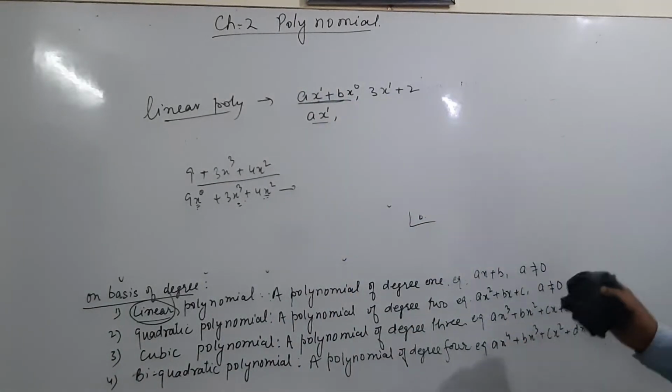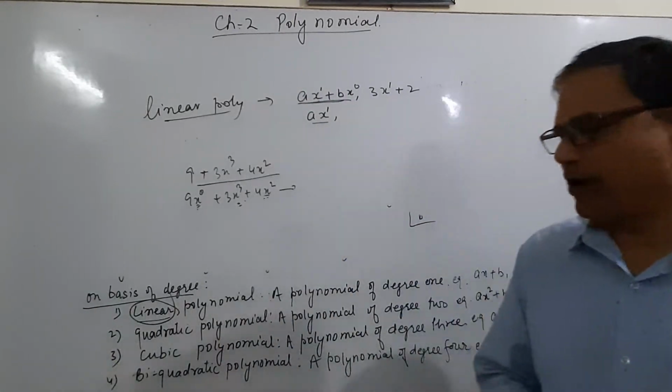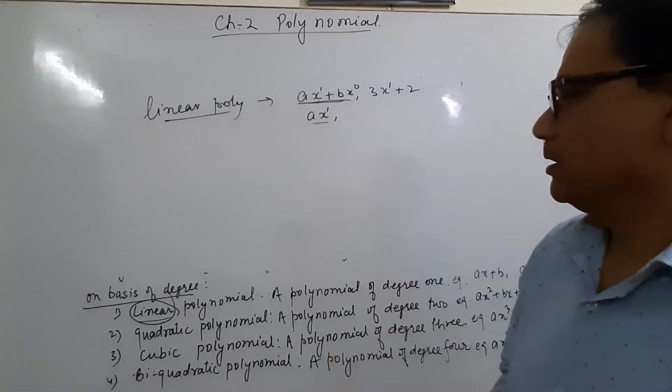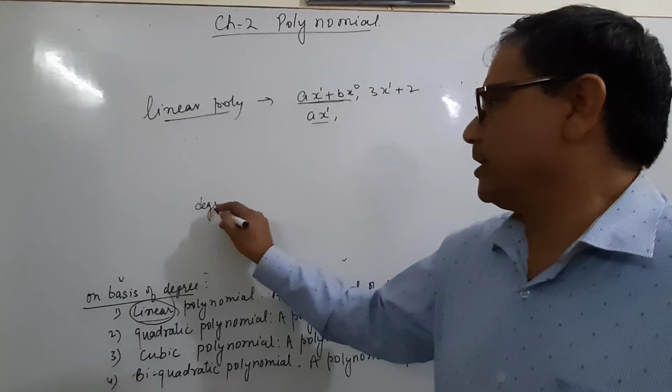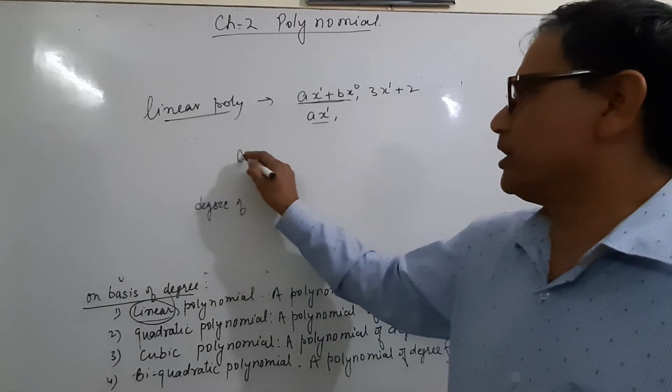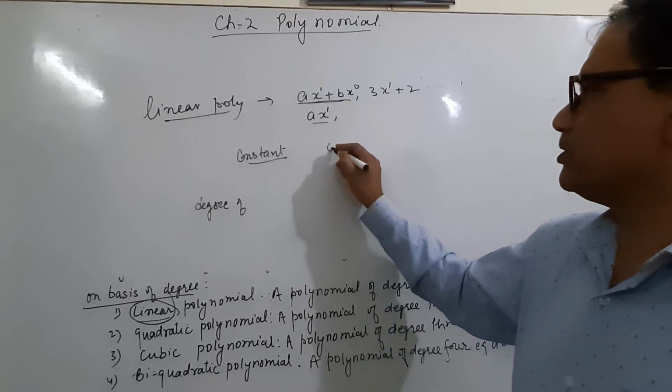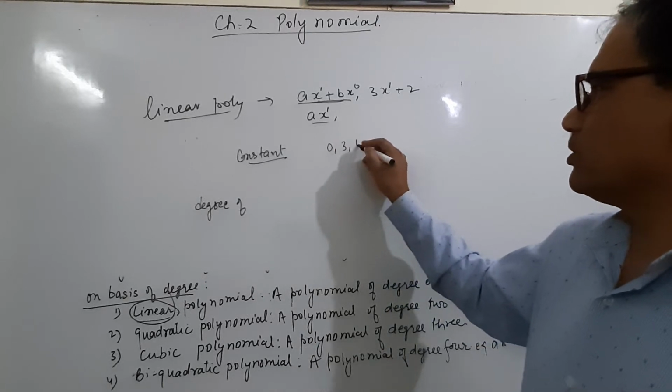On the basis of degree we can classify polynomials. But the degree of a constant polynomial is a problem. Constant is 0, constant is 3, constant is 4.